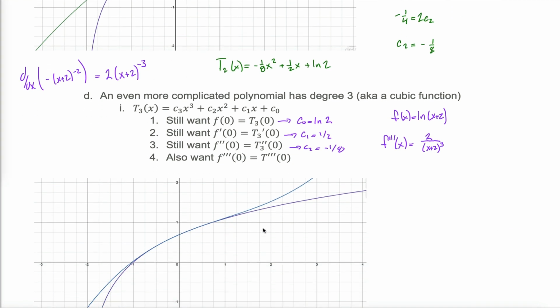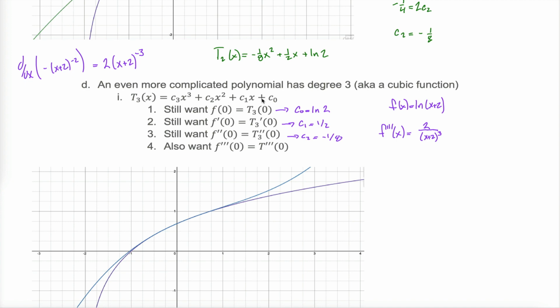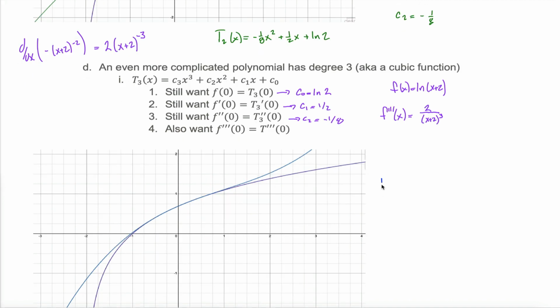What about the third derivative of my degree 3 polynomial here? Well, let's see. My degree 3 polynomial is some constant c3 times x cubed plus some other constant, negative 1/8 specifically, but I'll just leave it general for now, c2, times x squared plus some other constant, 1/2, but I'll leave it as c1 for now, times x plus some other constant, the natural log of 2.